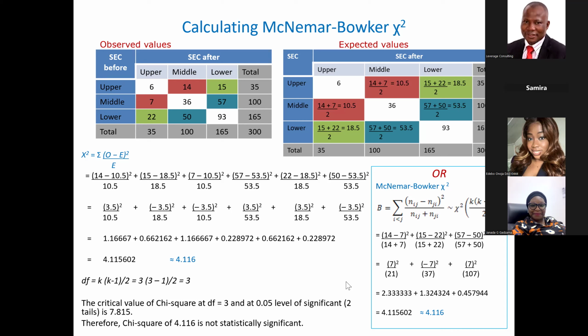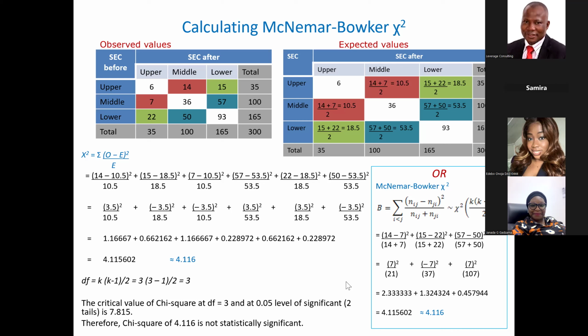So just like the way you can do McNemar-Bowker chi-square, you don't consider the concordant cells, 6, 36, 93. You just say chi-square is equal to sigma observed minus expected squared over expected. For each of them, you just put them. If you look at it now, there are 6. 1, 2, 3, 4, 5, 6.